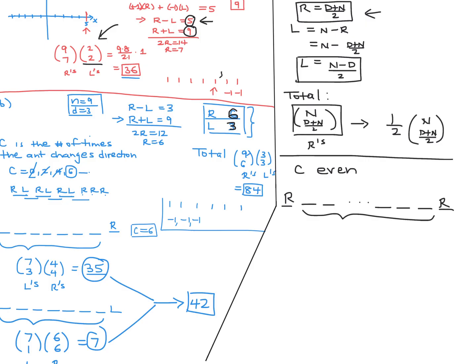So the total number is n, so n minus 2 are remaining in the middle. From those, you have to choose a certain number of them to be the L's. And the number of L's is n minus d over 2. So n minus 2 choose n minus d over 2, and this is for the L's. Got it? Very similar to what I did over here on the other side.